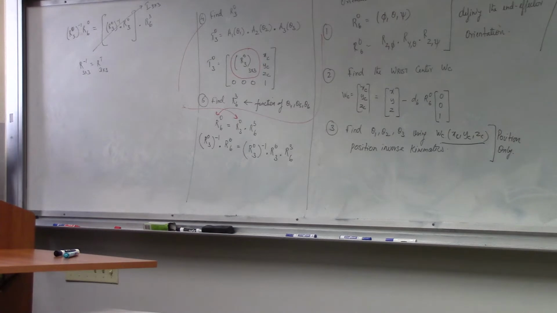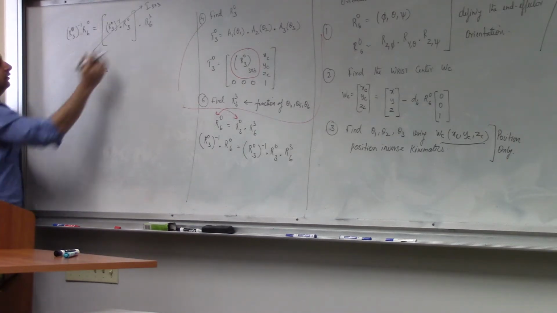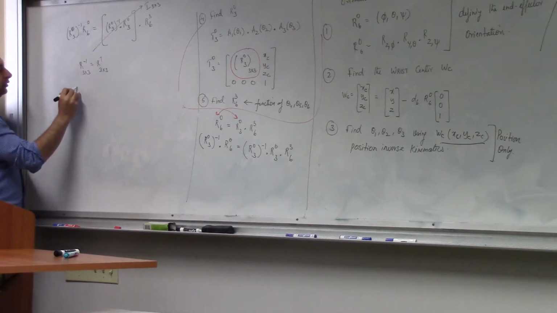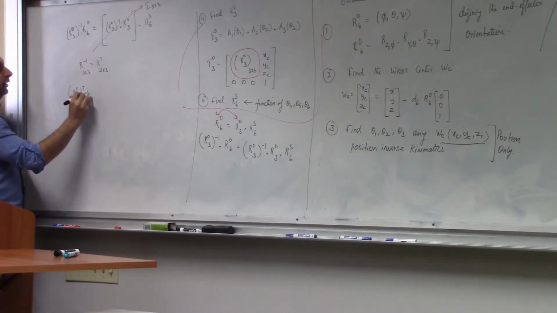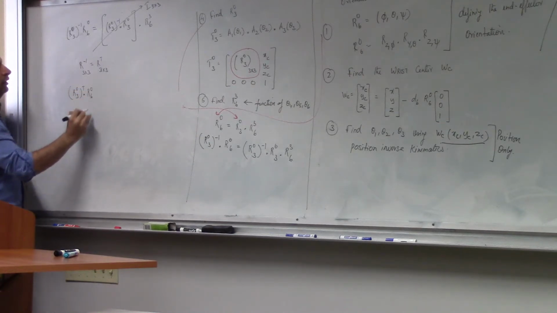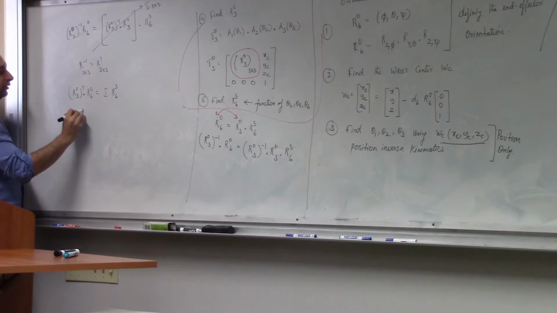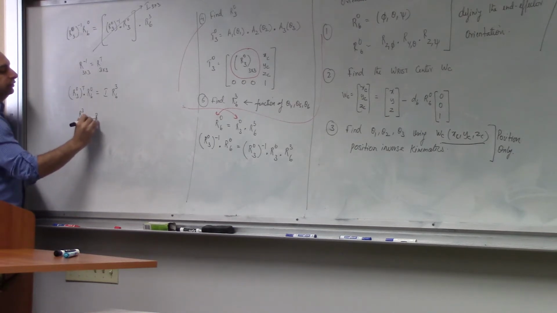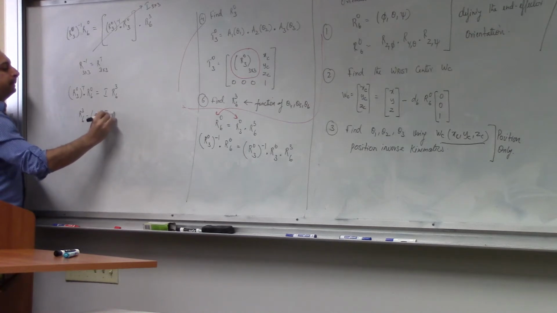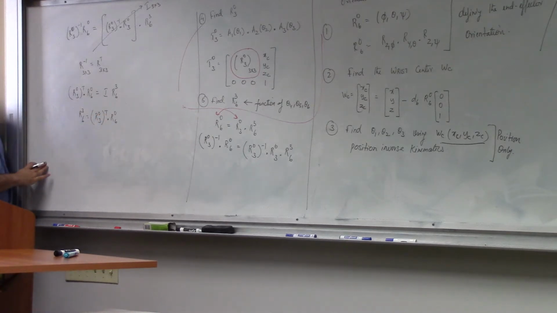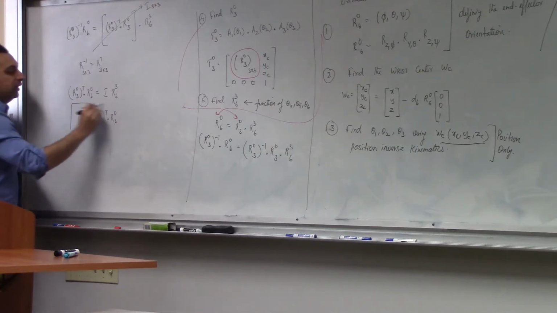So here we can say that R03 transpose times R06 will be equal to R36. So this will give you R36.